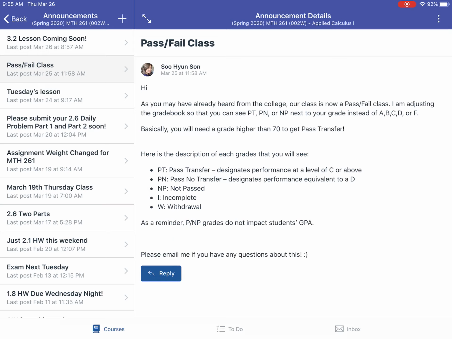That's a grade of C or above, A, B, or C, so that you can actually transfer this credit. PN means you're passing, but you got a D. NP will be if you have lower than 60. Just as a reminder, this pass or fail grade does not impact your GPA for this semester. If you have any questions about this, you need to email me, okay? And if I don't have an answer, I will forward your question to the academic dean, and maybe we can find a solution for you.